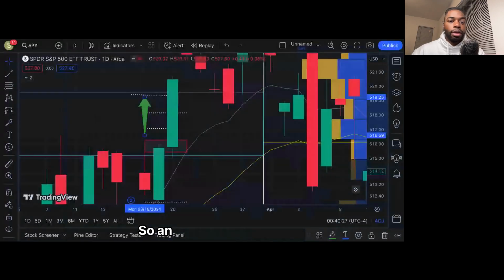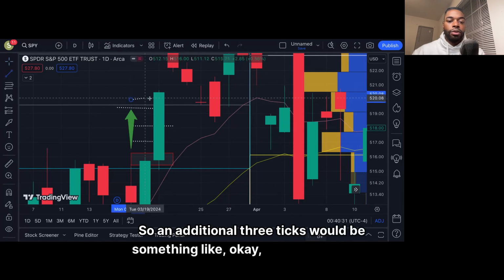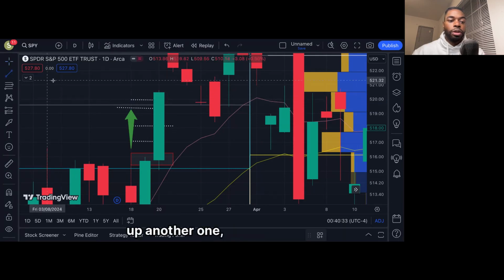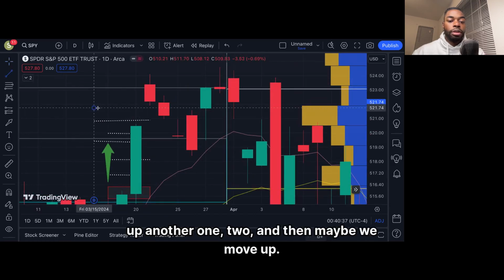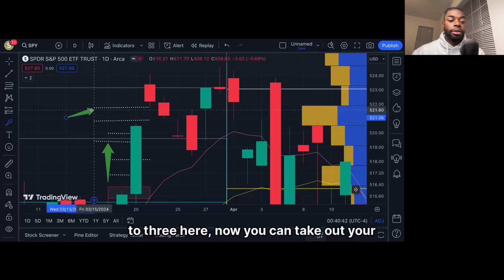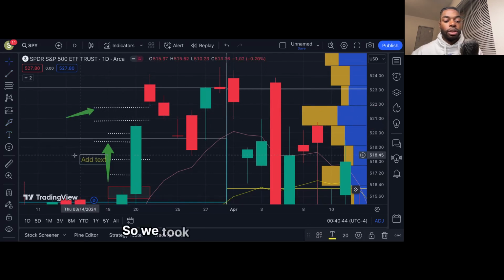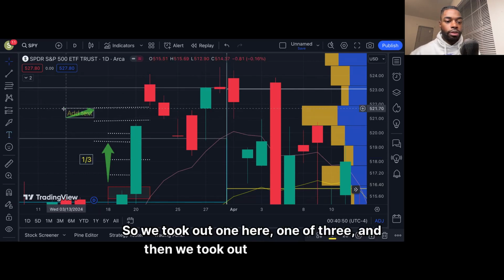An additional 3 ticks would be something like, okay, we're still moving up another 1, 2, and then maybe we move up to 3 here. Now you can take out your second contract. So we took out 1 of 3 here, and then we took out 2 of 3 here.